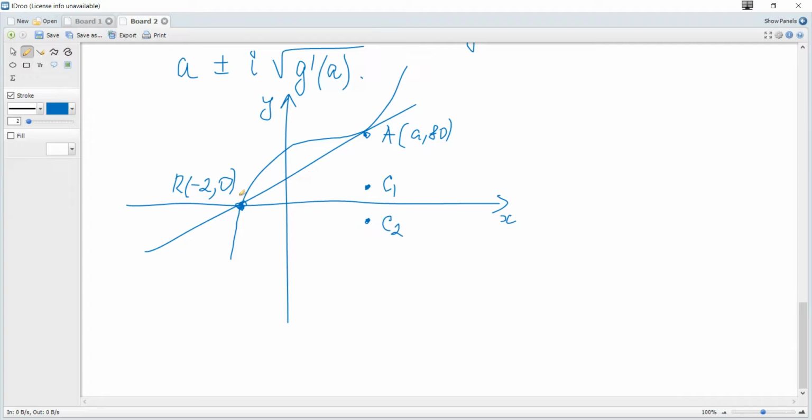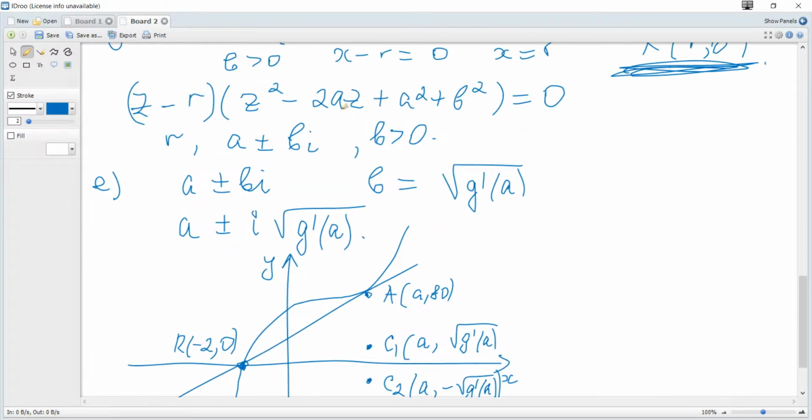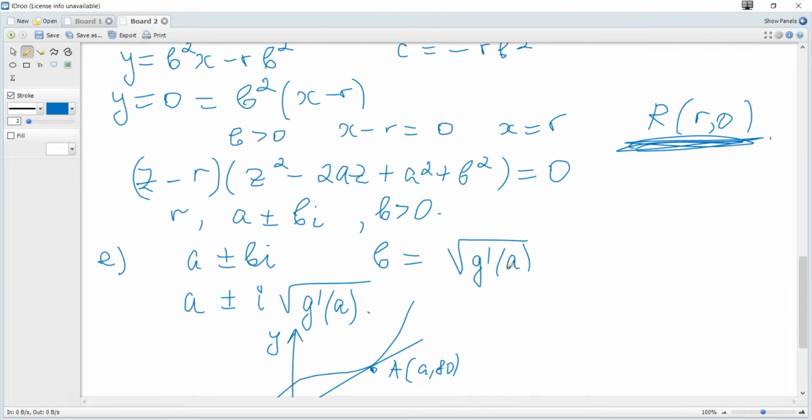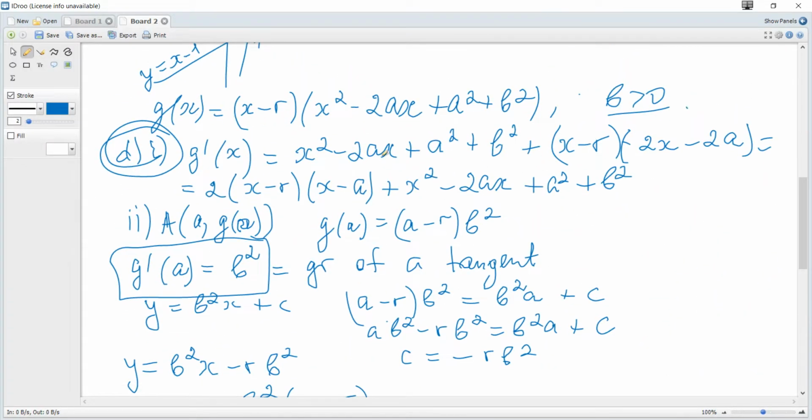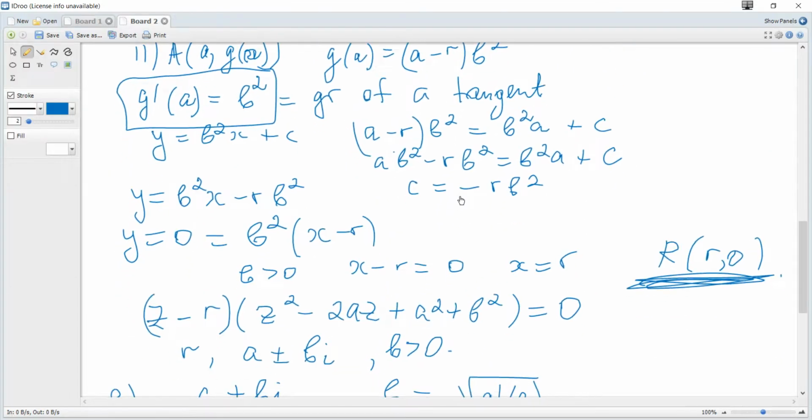On the Cartesian plane, the point C1 with coordinates (a, root g derivative at a), and C2 (a, negative root g derivative at a), represent the real and imaginary parts of the complex roots of the equation above. It means this equation, and it's the same as function g, of the same form.